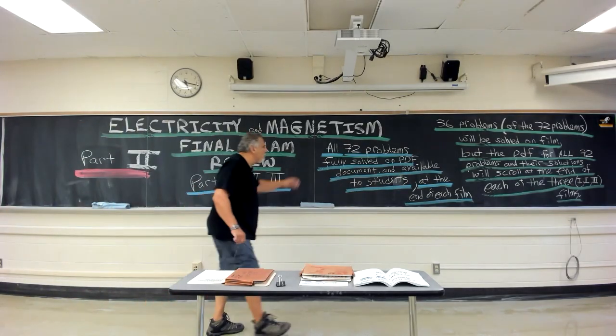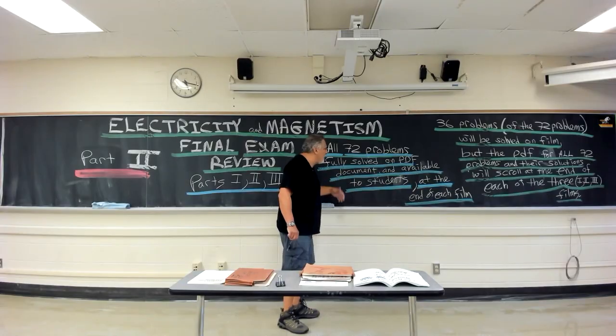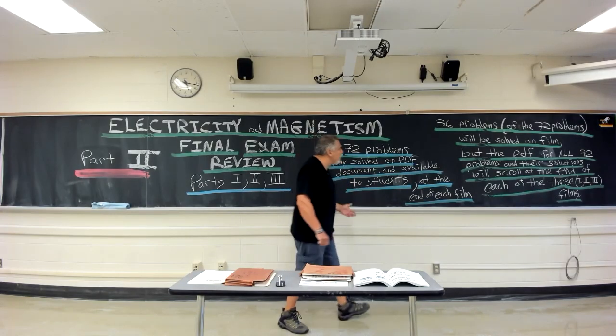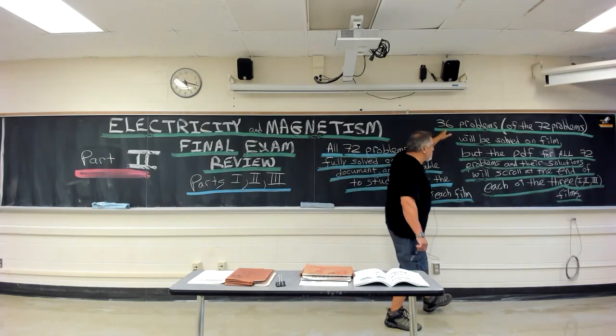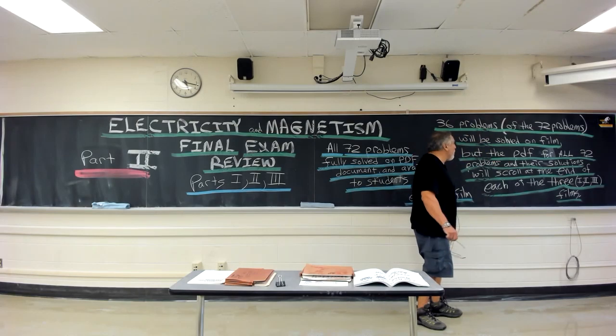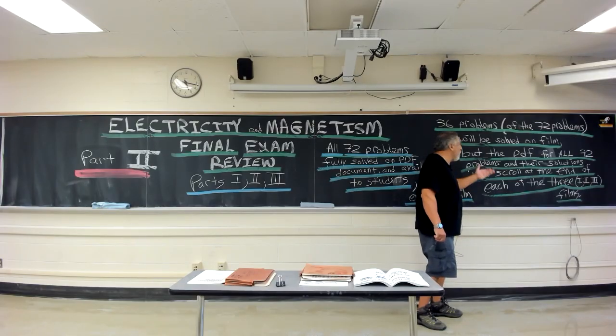All 72 problems are fully solved on a PDF document available to students at the end of each film. 36 problems total we will do over these 3 films, folks, of the 72. They'll be solved on film, but the PDF for all 72 problems and their solutions will scroll at the end of each of the 3 films, parts 1, 2, and 3.